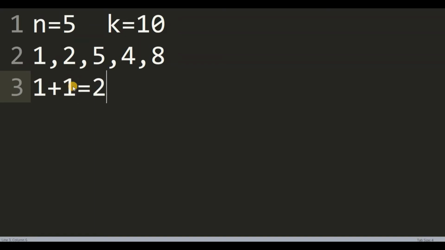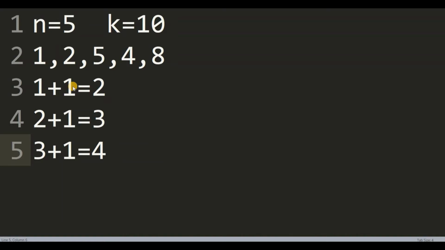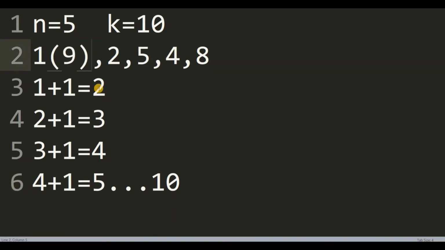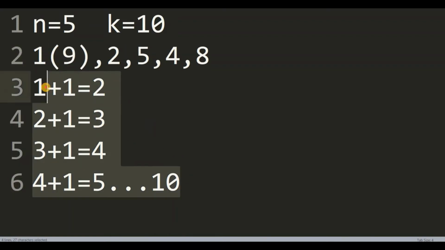So in the first move he can move to square 2, and in the next move, 2 plus 1 which is 3. He can move to the third square, then the fourth square, then the fifth square. And likewise it takes him 9 moves to reach the 10th square. So he can definitely capture the chef's pawn, and he will take 9 moves.